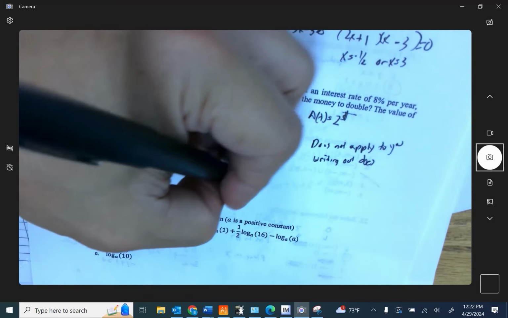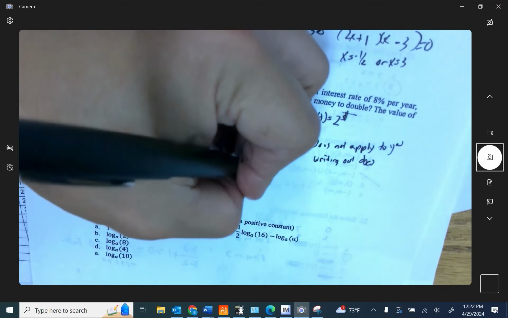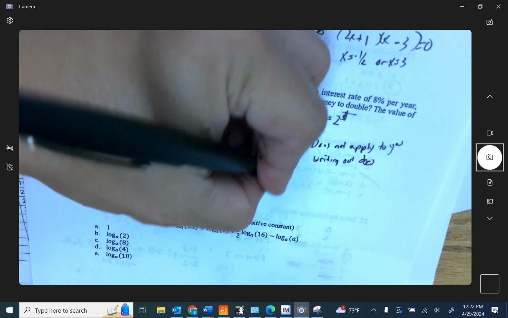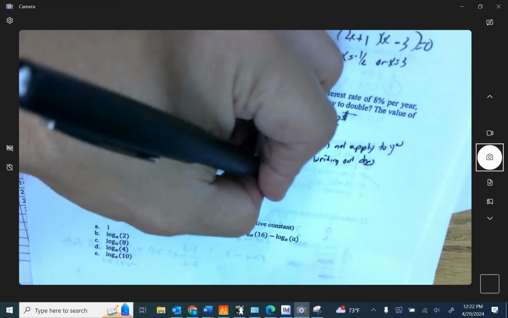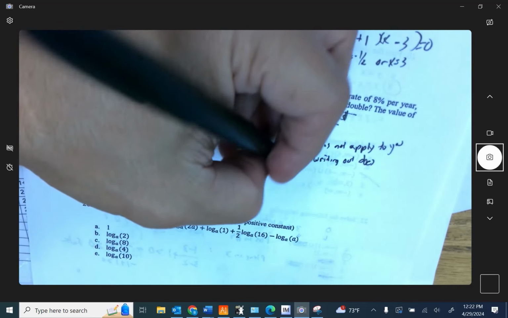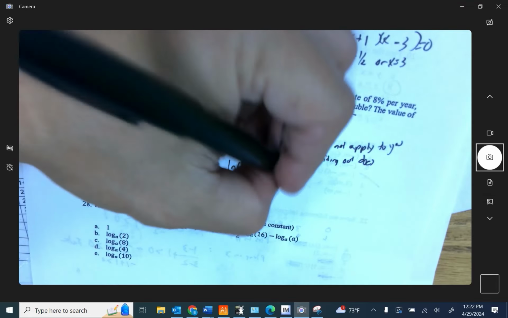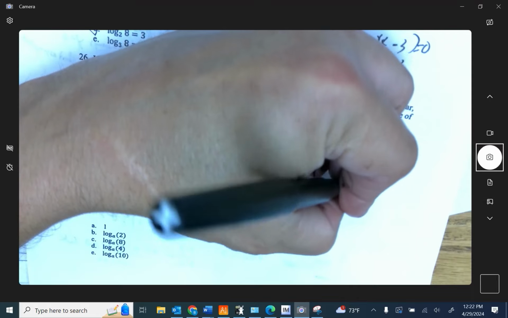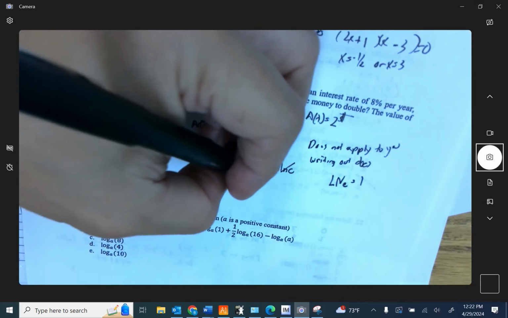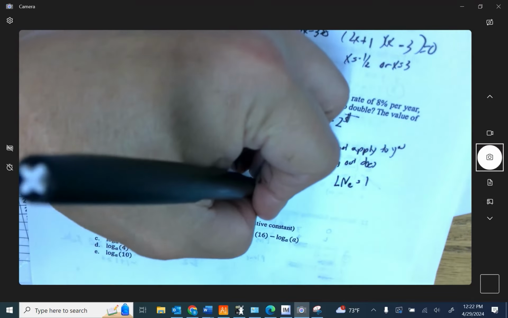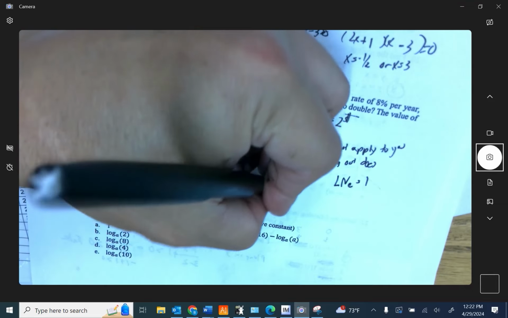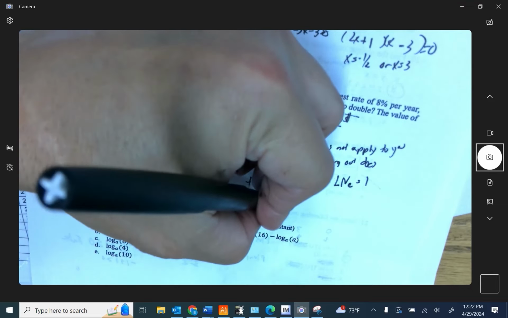We move that out front. The natural log of 2 is equal to 0.08t times ln of e. The natural log of e is 1, so we just throw it out. And the time is going to be the natural log of 2 divided by 0.08. Now that does apply to you.